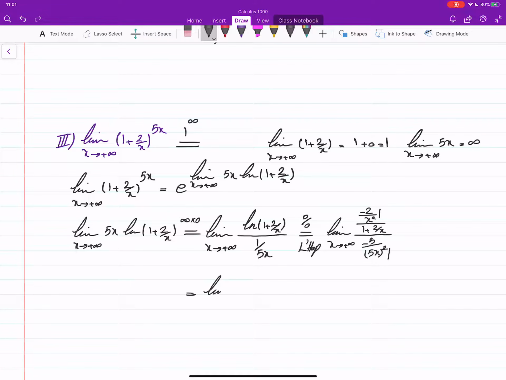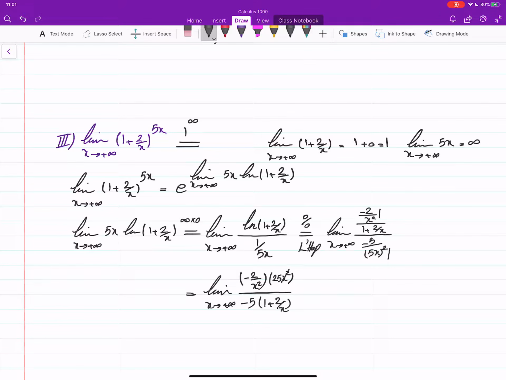So then this will give me negative 2 over x squared times, well, we could have simplified. Let me just write it as it is, 25x squared. And over there we have negative 5, 1 plus 2 over x as x approaches plus infinity.